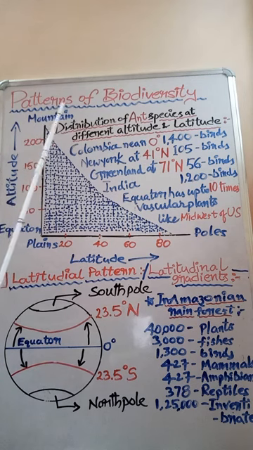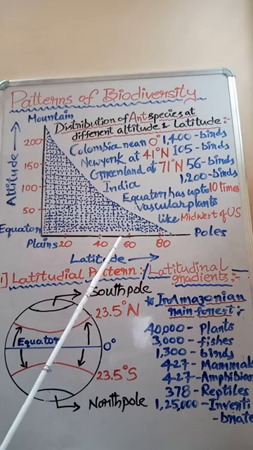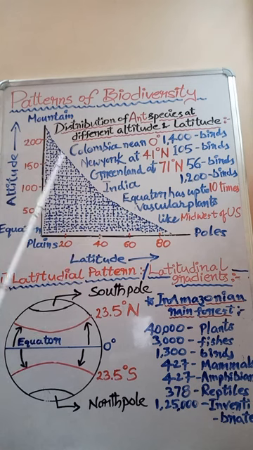Biodiversity varies with the change of altitude and latitude. The species diversity is maximum in plains. It means at low latitude, here it is, say, some 20 degrees Celsius, and equator, low latitude.